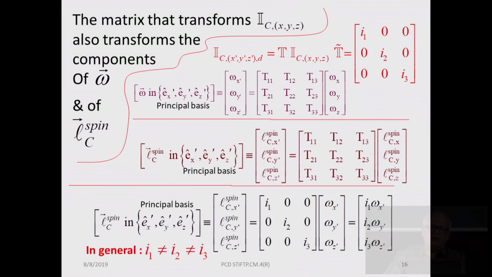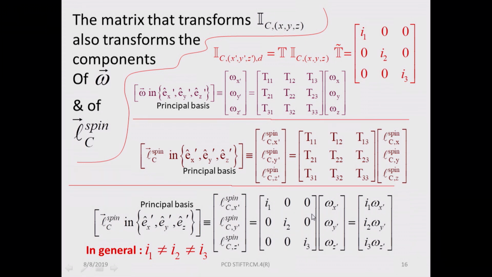may call it. And then these angular momentum components in the basis x prime, y prime, z prime will be given by this, and it still doesn't guarantee that angular momentum will be parallel to the angular velocity.